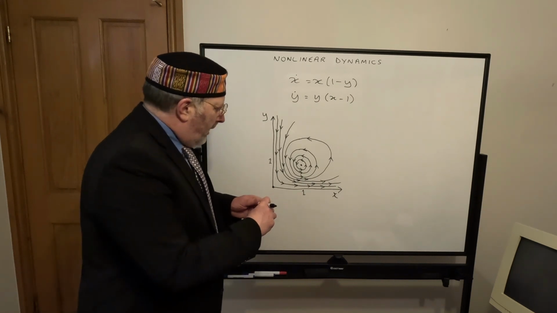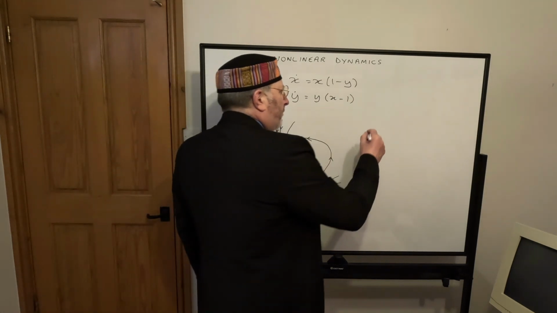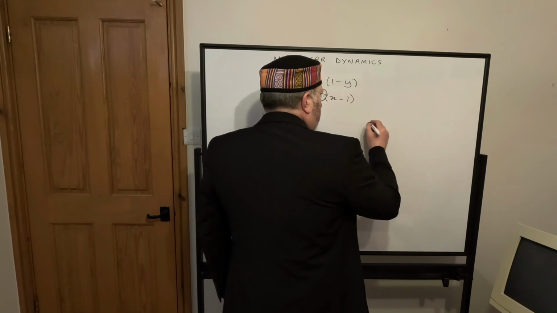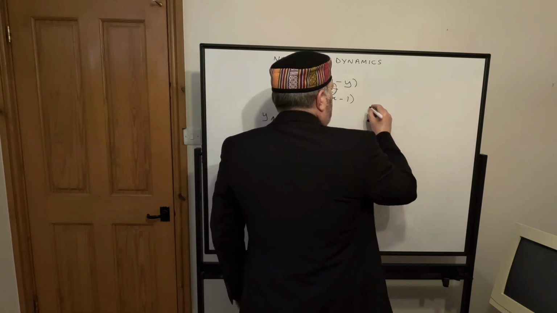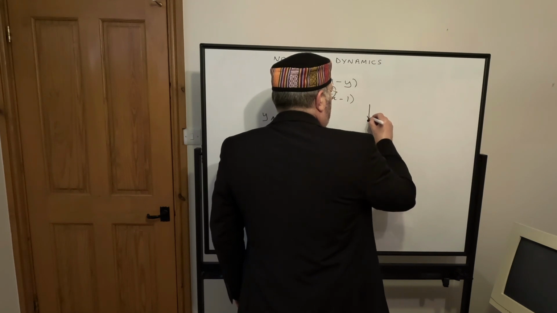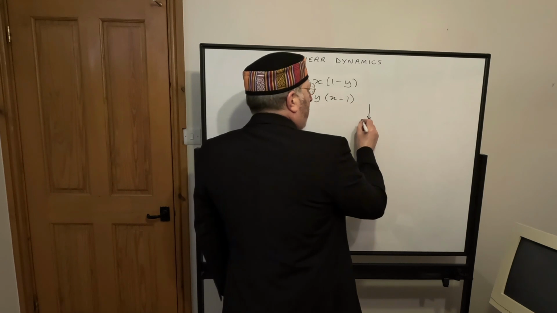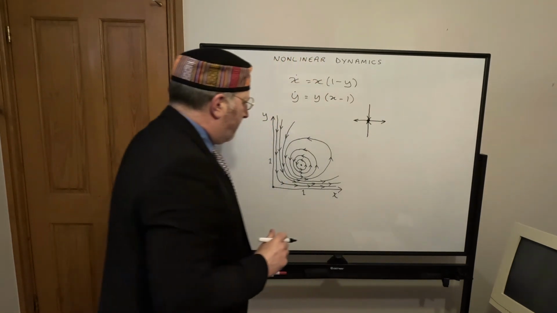So we've seen two kinds of fixed points that we can get in two-dimensional phase space. One, which we've just seen, is the saddle point, where it's moving towards it along one axis and away from it along the other axis.